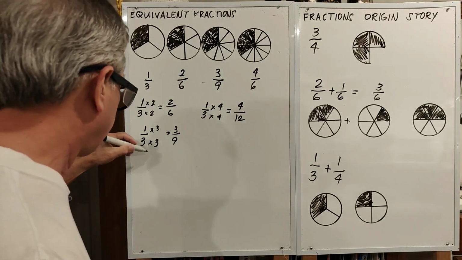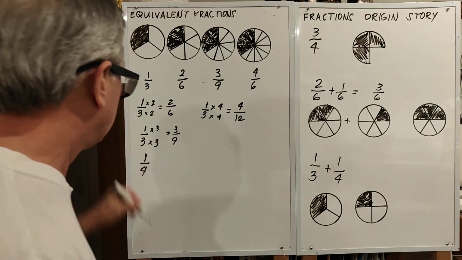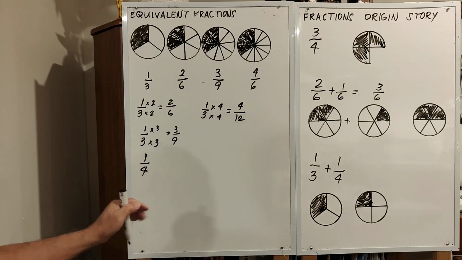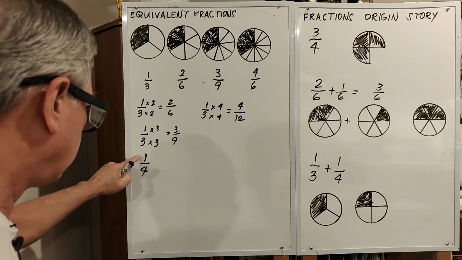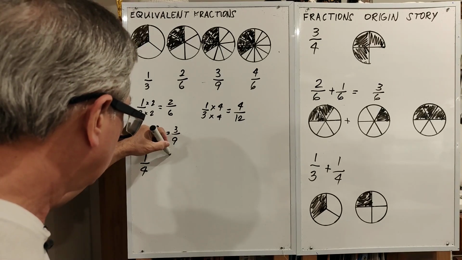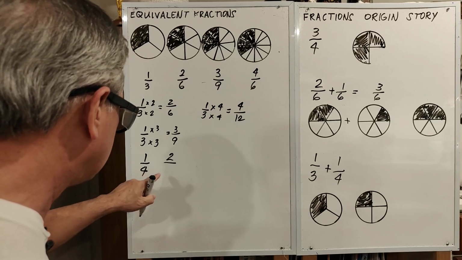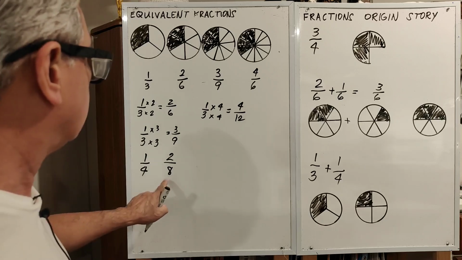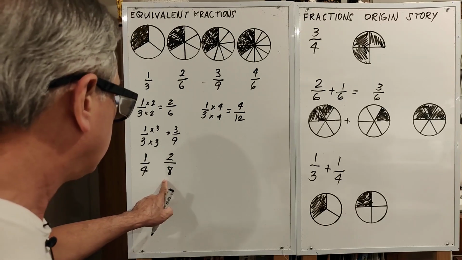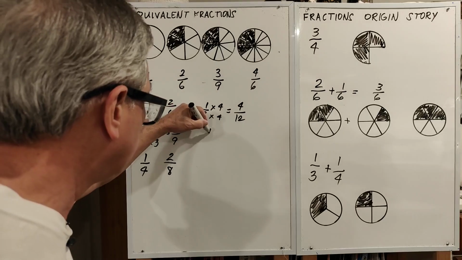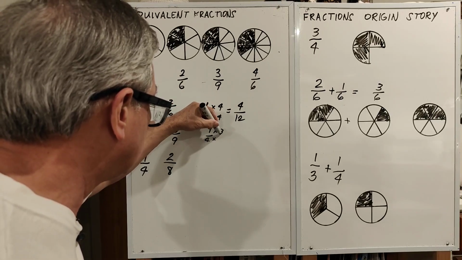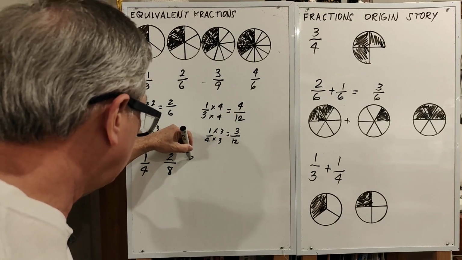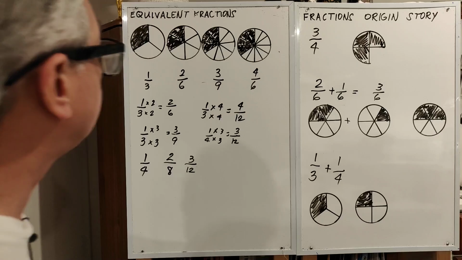How about 1/4? I probably don't need to draw. If you multiply both numbers by 2, 1 times 2 is 2, 4 times 2 is 8. So 1/4 and 2/8 are the same fractions. If we multiply 1/4 by 3, this will be 3/12.